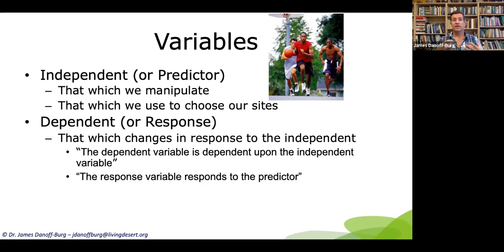Okay? And then our dependent variable, or that which we call in social sciences our response variable, is that which we're measuring that we expect to be changed in response to the independent variable. So our independent variable was the presence of two kinds of cans versus one, recycling and trash versus just trash, right? Our dependent variable was what? What did we just say?